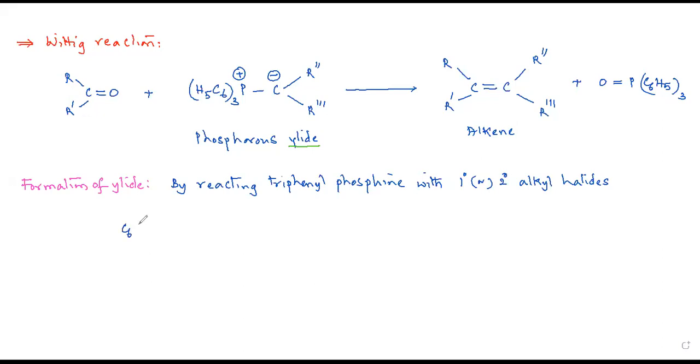Okay, look at this. So this is triphenyl phosphine. Phosphorus belonging to the fifth group will have a pair of electrons.